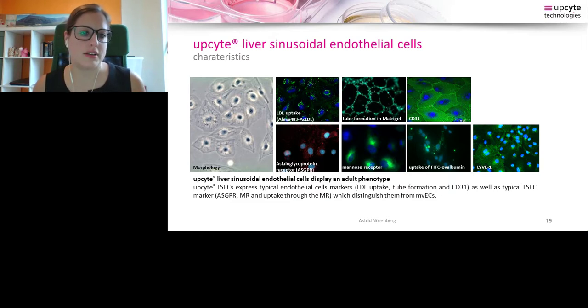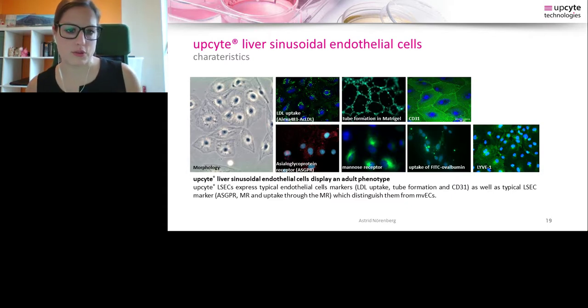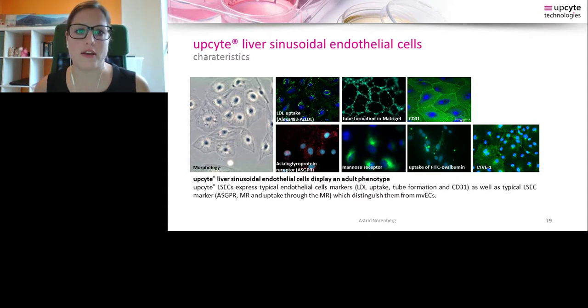The typical endothelial cell markers are, for example, CD31 or tube formation in Matrigel. But to really prove that they're liver-derived, we also test for the mannose receptor or, for example, the uptake of FITC-albumin, and we stain for LYVE1, which are more liver-specific markers.